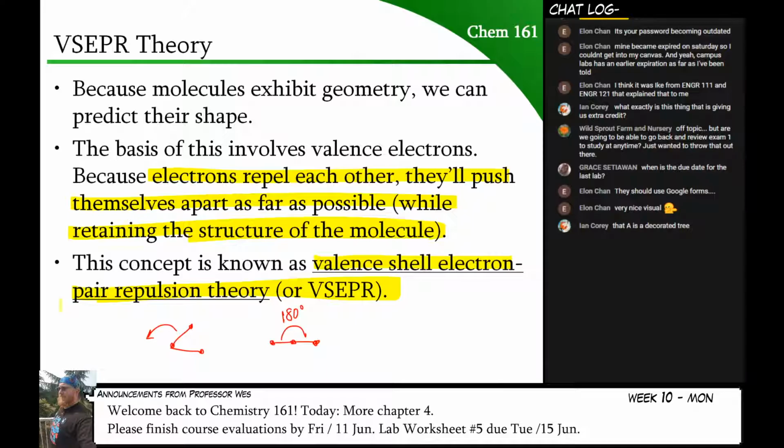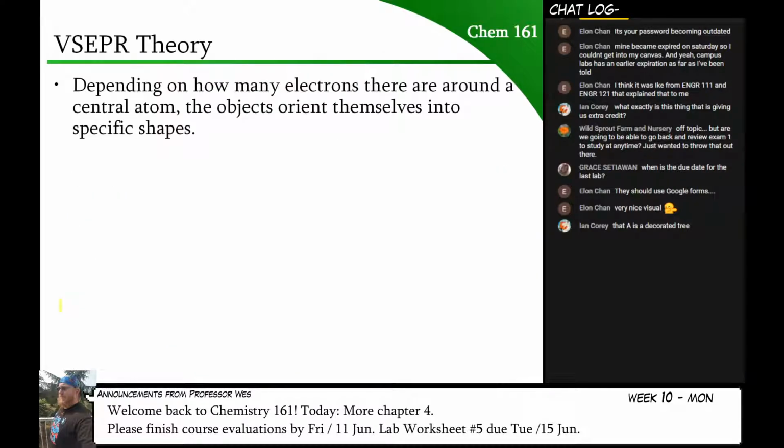Repulsion, electrons repel each other. And then theory, because this is explaining why our molecules have shapes. So VSEPR says that there will be a very regular selection of shapes that can happen.